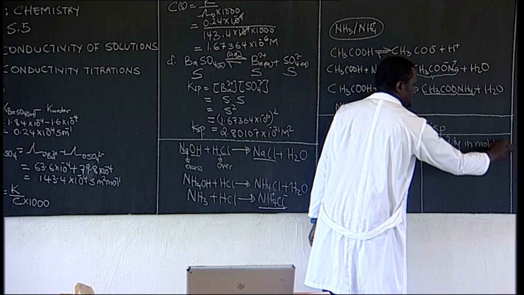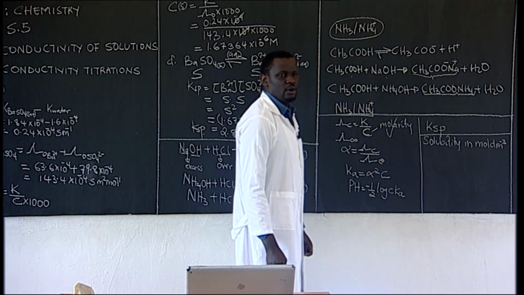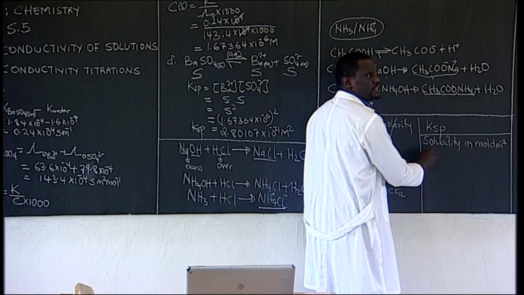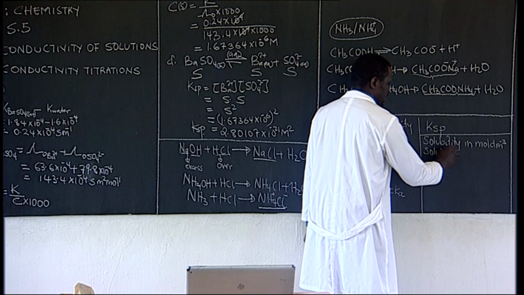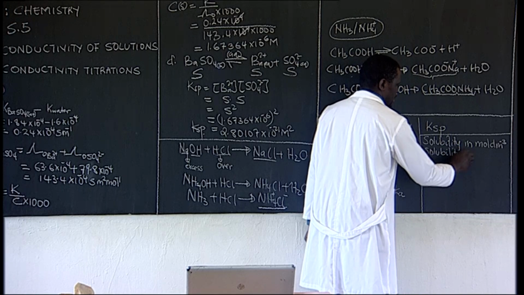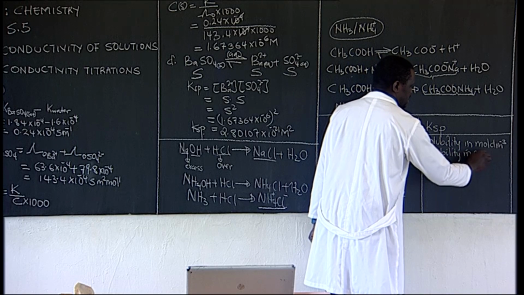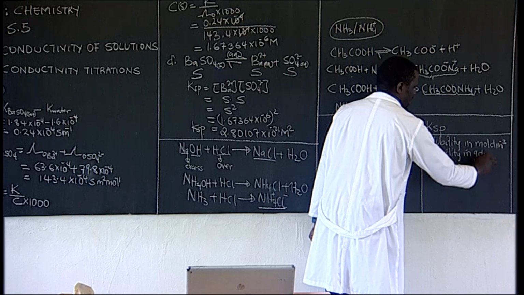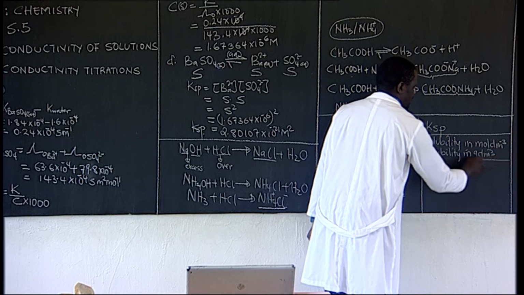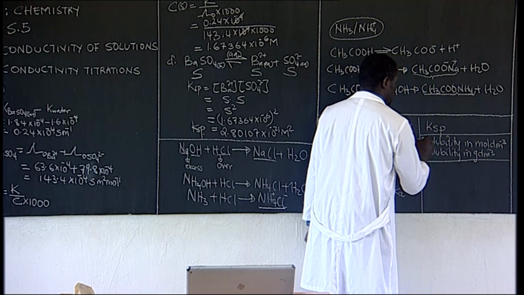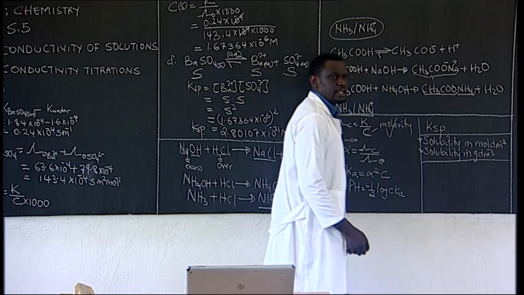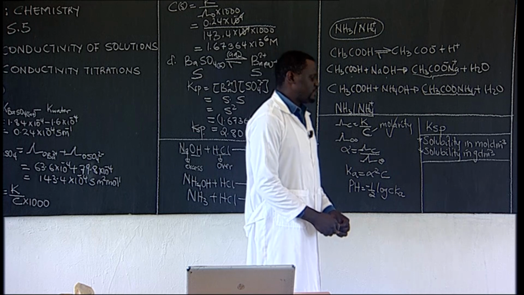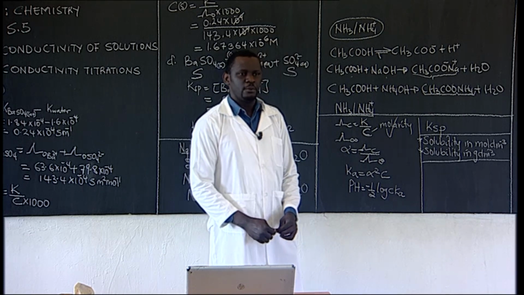Then after, we get solubility in grams per decimeter cubed. All these are important, which are different concentrations. So from here, you can get the Ksp, which is actually the solubility product.